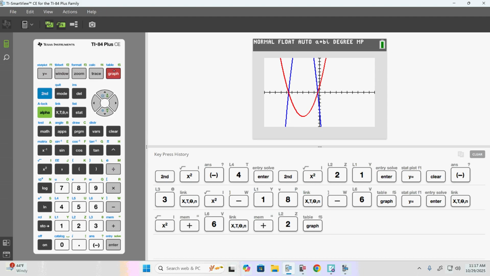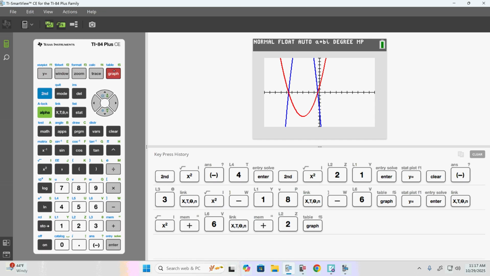Pretty much every point on the negative 3x squared minus 18x minus 6 is different than the x squared plus 6x plus 2, yes? There's only 2 spots where it's not. And that's where it crosses the x-axis, yes?